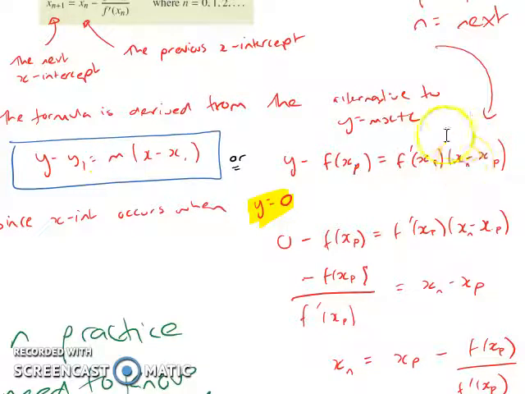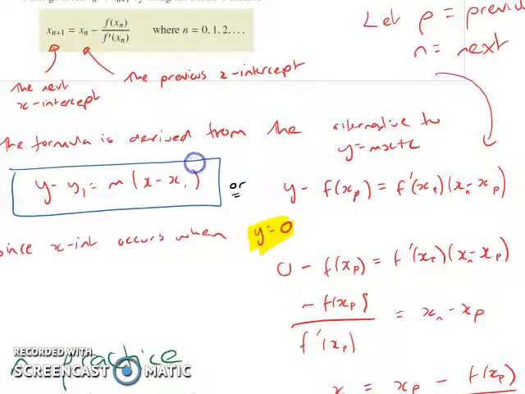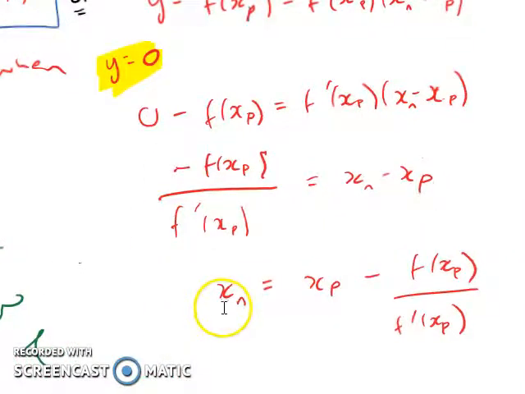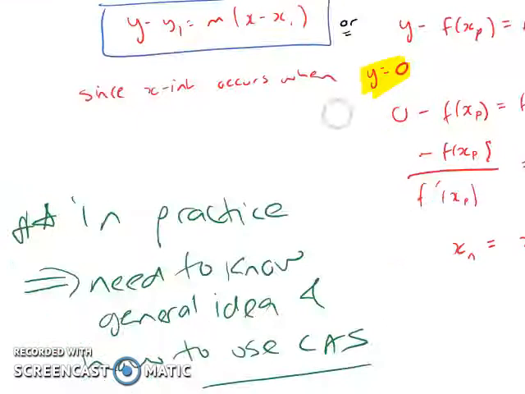Then you have the next x-coordinate minus the previous x-coordinate. So that's x2 minus x1. Alright? So we are trying to solve for x-intercepts, and that's when y is 0. So if you sub y is 0 in there, and you rearrange that formula, you get back the one at the top there. X of the next term is x of the previous term minus that on that. So it's just a manipulation of your straight line formula using y equals 0. Okay? So in practice, you will just have to put it into your CAS.